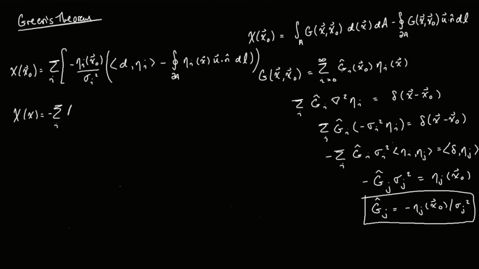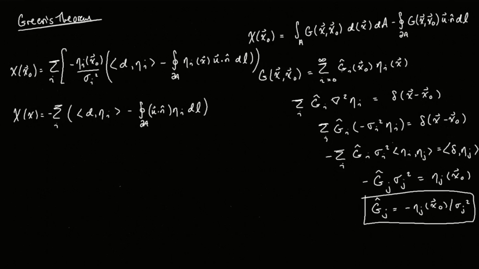And I have the projection of D onto eta i. So the projection of the divergence field onto eta i. And I subtract the boundary integral over partial A of the normal velocities on the boundary times eta i, dl.